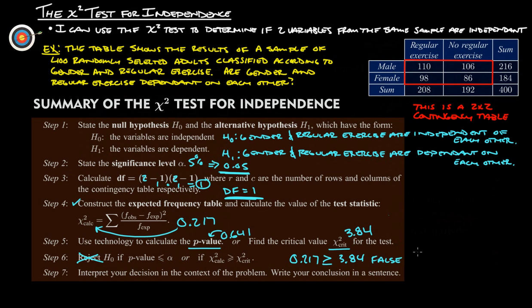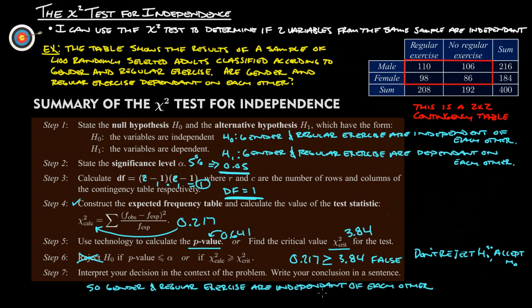So that we officially don't reject H0, which means accept H0, which means that gender and regular exercise are independent of each other. Okay? Gender and regular exercise are independent of each other.